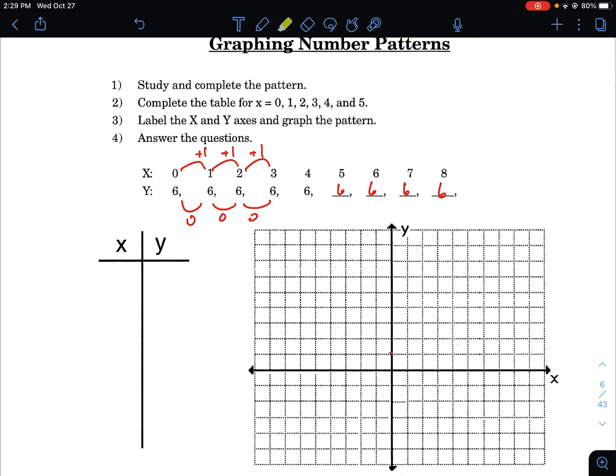So let's choose a couple points, like this one, this one, this one, and this one. 0, 6, 1, 6, 2, 6, 3, 6. So 0, 6 is 1, 2, 3, 4, 5, 6. It's right there. 1, 6, 2, 6, 3, 6, 4, 6. You can even go backwards.